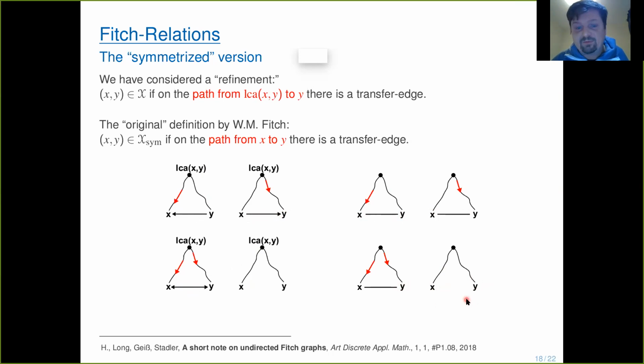That's all that happens. And I mean, this already shows that the least resolved trees are not unique anymore, at least in their labeling, because this tree would explain the same edge as this tree here between x and y.